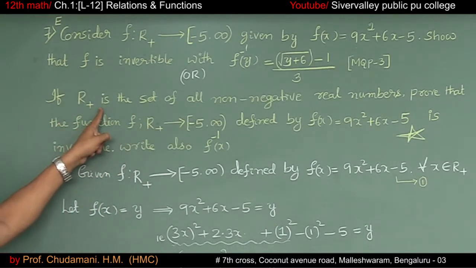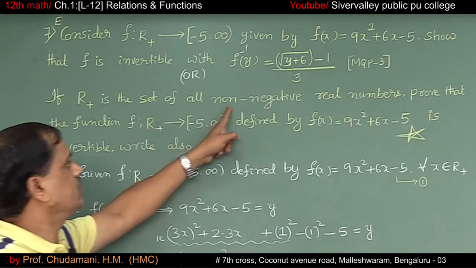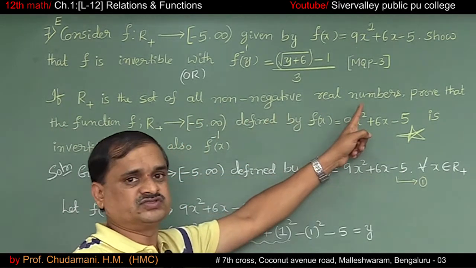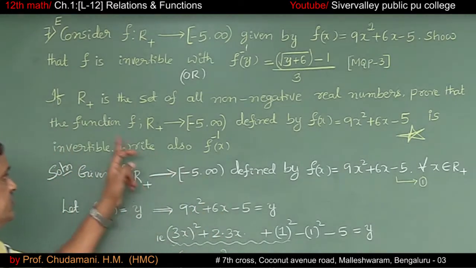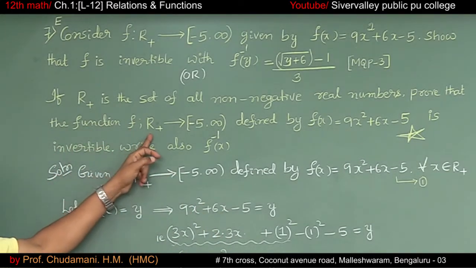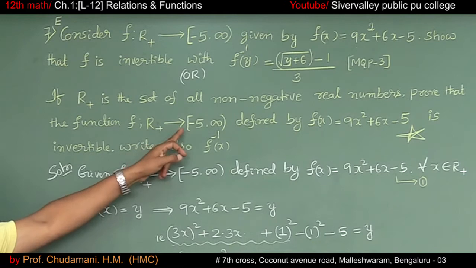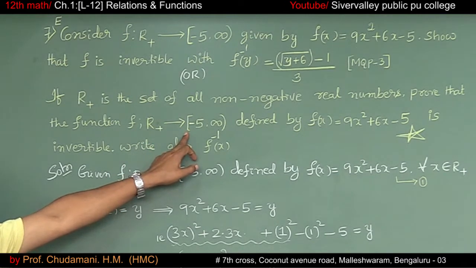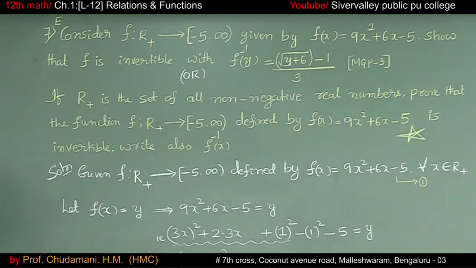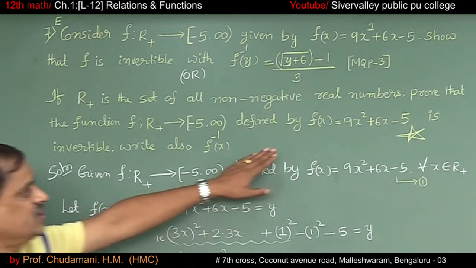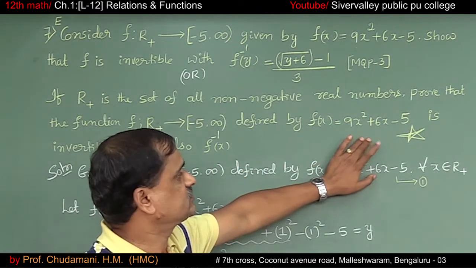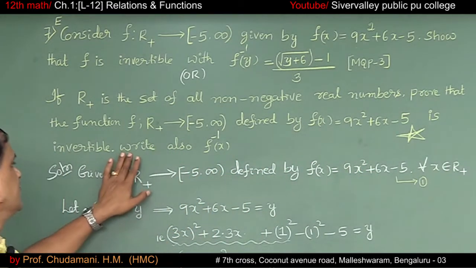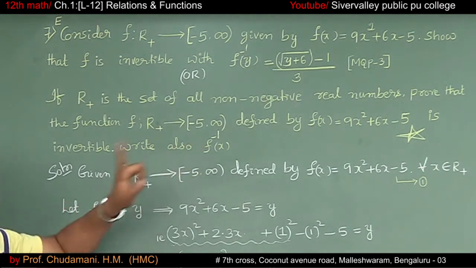If R plus is the set of all non-negative real numbers, prove that the function f from the set of positive real numbers to the closed interval minus 5 to infinity defined by f of x is equal to 9x square plus 6x minus 5 is invertible. Also write the inverse of f, they are asking.